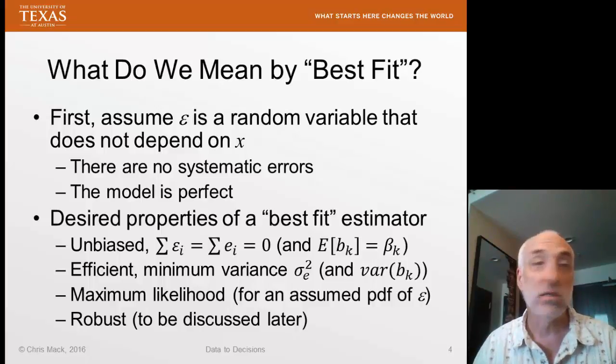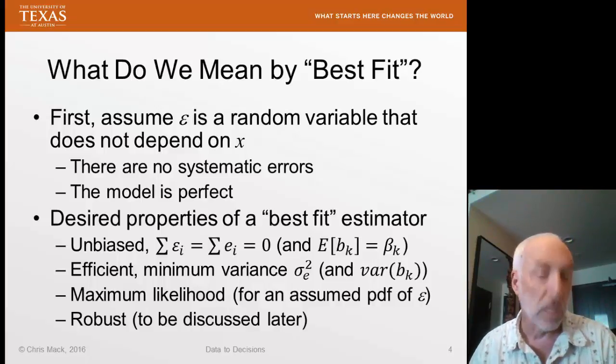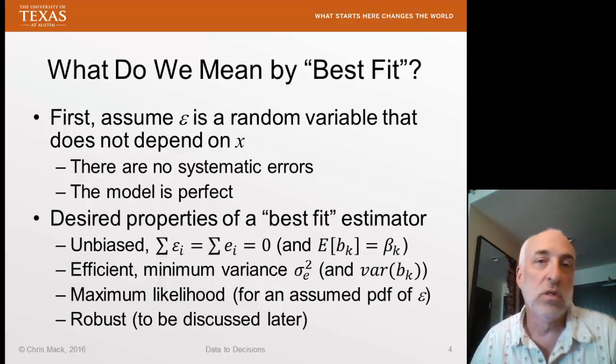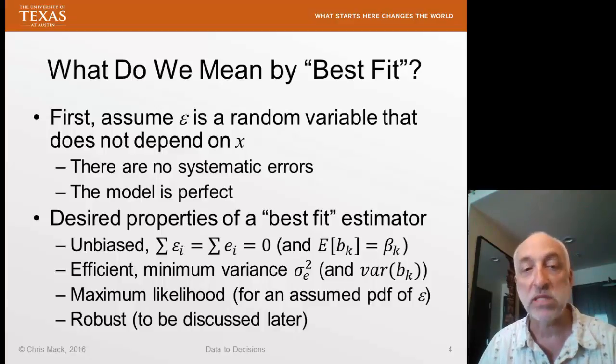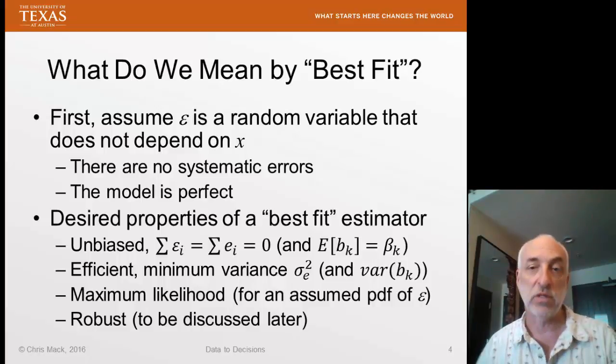A non-robust estimator could get completely screwed up and give you very, very poor estimates if you had one really bad data point. But a robust estimator is one that can handle a few, maybe even quite a large number of bad data points and still give you reasonable estimates.